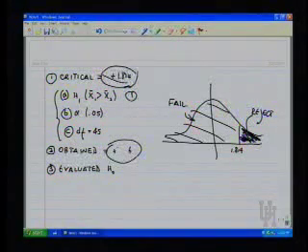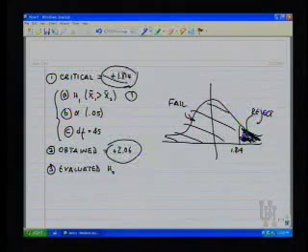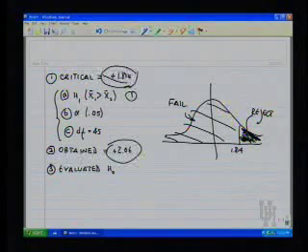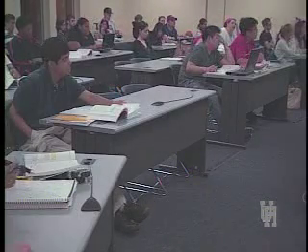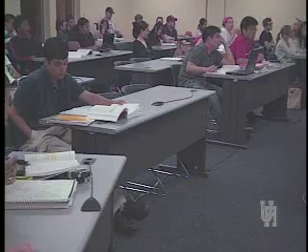T is plus 2.06. All those who say reject the null hypothesis, how many would say we fail to reject the null hypothesis?